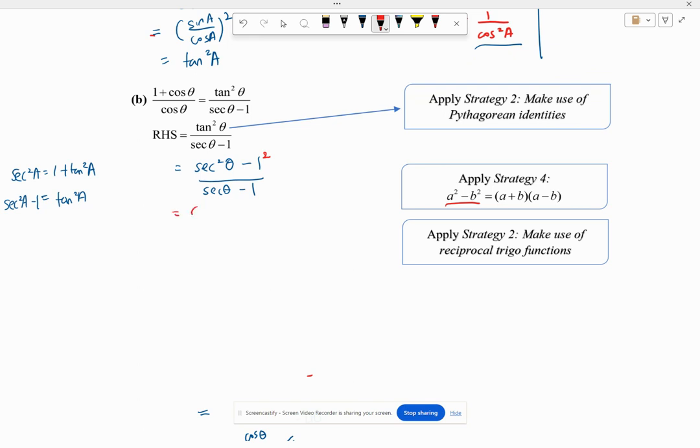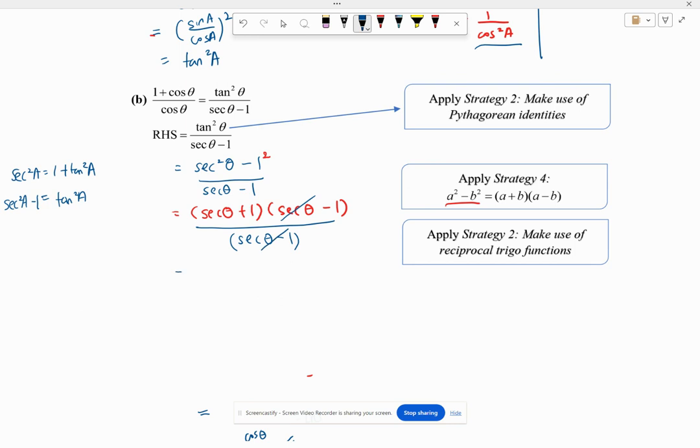So I replace this with sec θ plus 1 times sec θ minus 1, whole thing over sec θ minus 1. Now that I've changed to something times something over something, can we reduce and simplify the fraction?